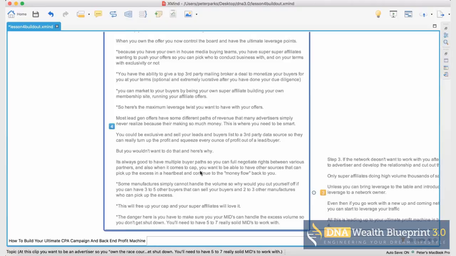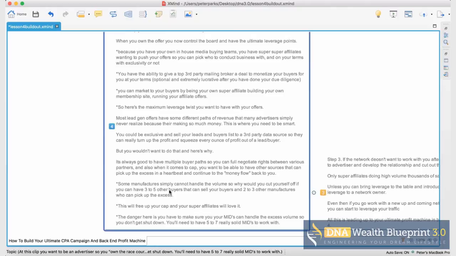So if you're going to go down this path, you want to make sure that you have multiple buyer paths. So you never have that much of an issue with cap, because you already have offers set up that are highly similar to your existing offer. You've got mailers ready to go. You've got super affiliates ready to go that are going to send more sales to you, right?